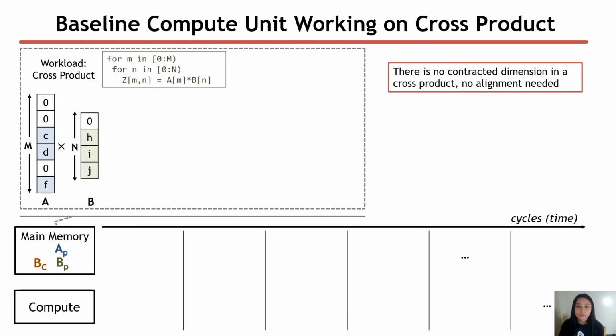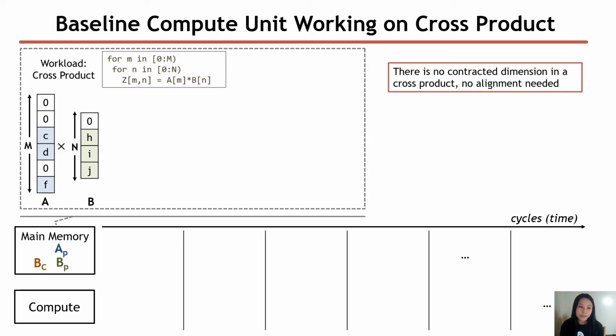We have been talking about dot products for a while. I want to present another workload, which is a simple cross product, and I want to show that the actual data flow, so a mapping or a data flow, impacts how your sparse optimization will help.